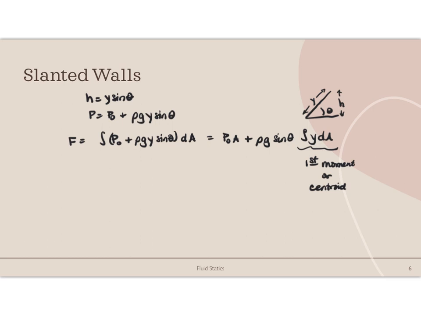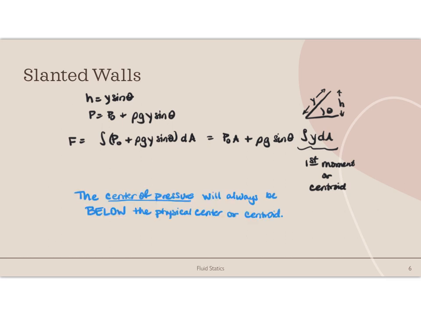That's going to be true when the pressure is constant, like say in air, but with a liquid, the pressure is going to be always greater below the centroid and less above it. So as a result, the center of pressure is always going to be below the physical center or centroid. Let me write that down.